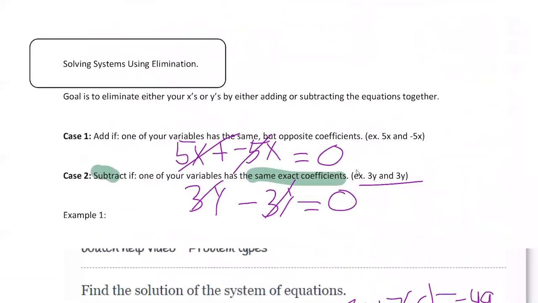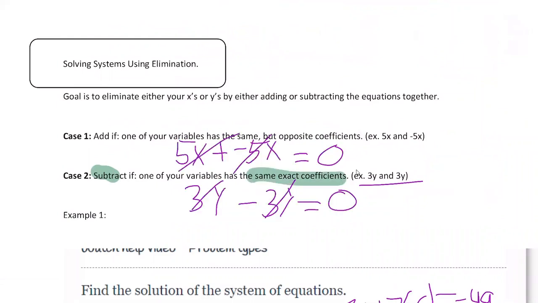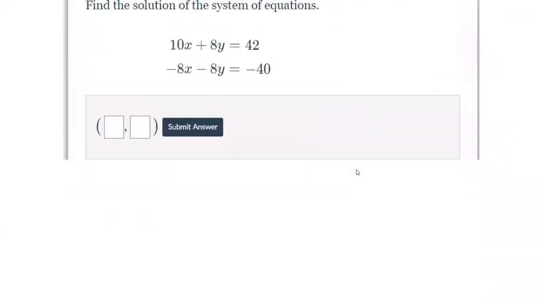If you go back to what I said at the beginning, and you might want to write down these two cases if you haven't, I'll leave that up. In this case, I'll highlight it in red. We have the same but opposite coefficients, so we're going to add our two equations together. That's going to let us eliminate one of our variables.